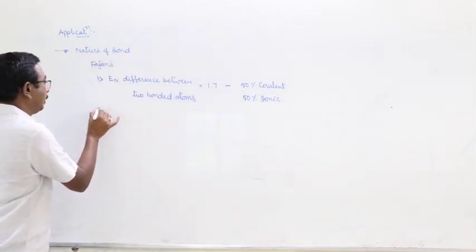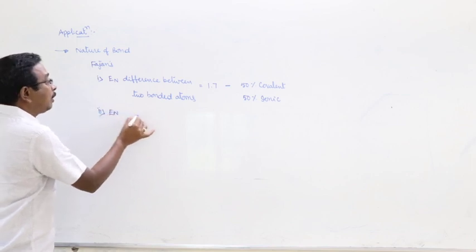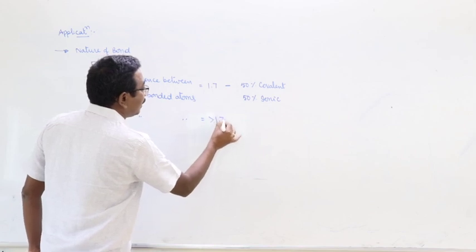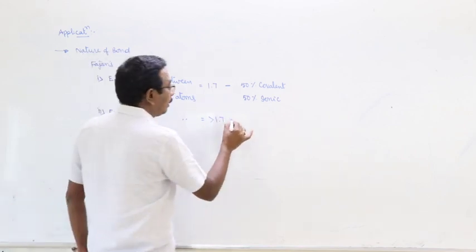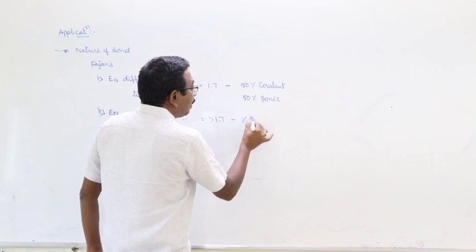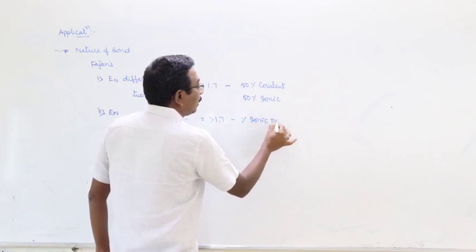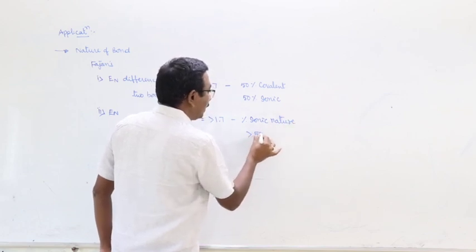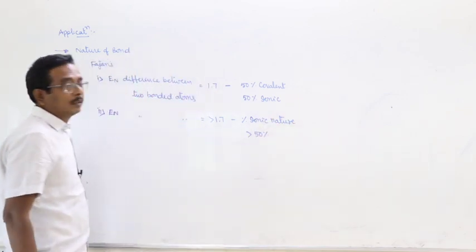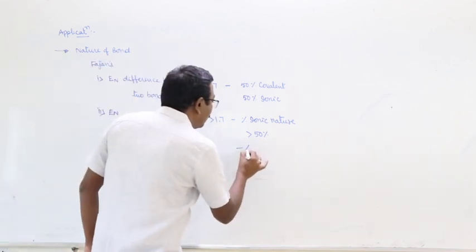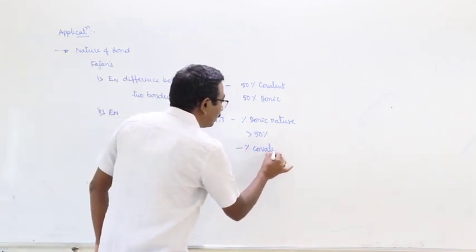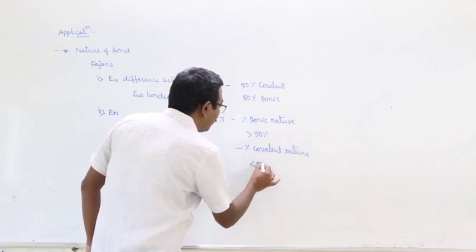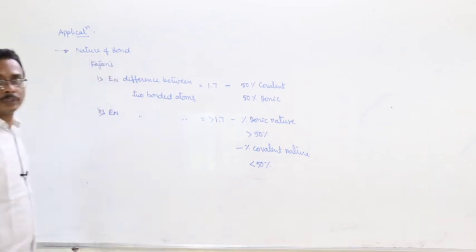Second statement, if the electronegativity difference between the two bonded atoms is greater than 1.7, then the percentage of ionic character is greater than 50% and the percentage of covalent character is less than 50%.